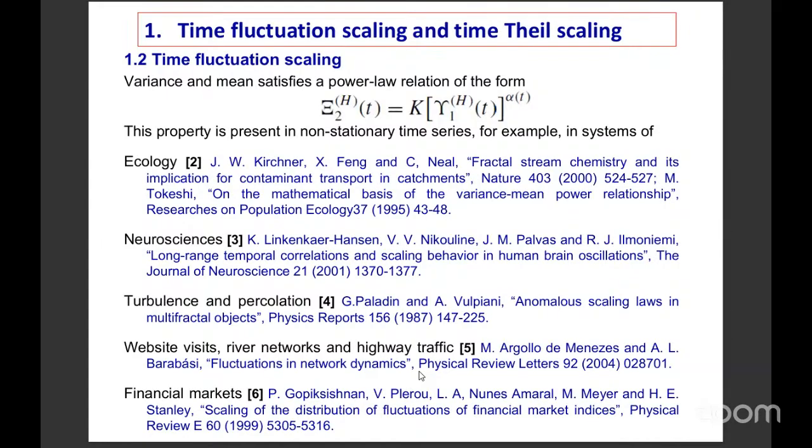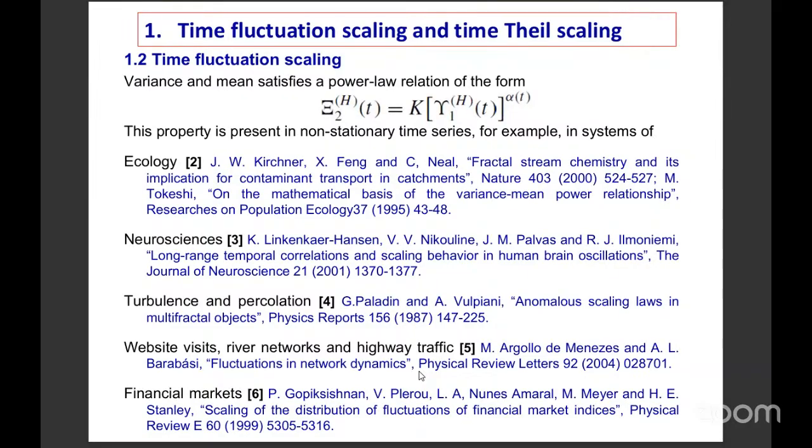For a mobile window running in time, it is possible to determine how the mean and the variance vary, and establish a fit to obtain how the exponent evolves in time.